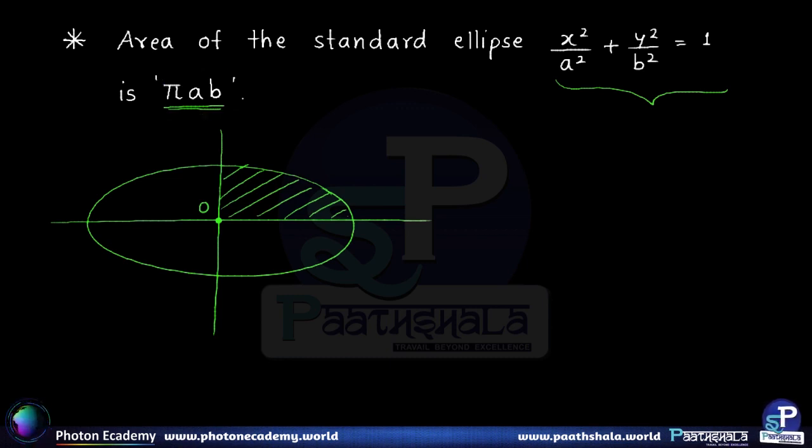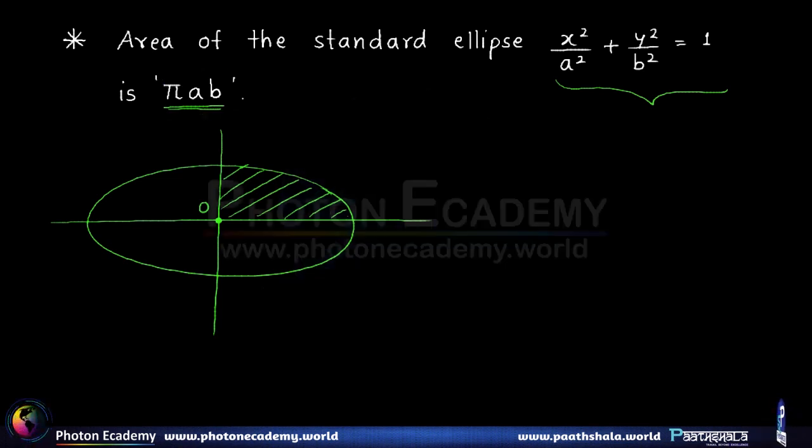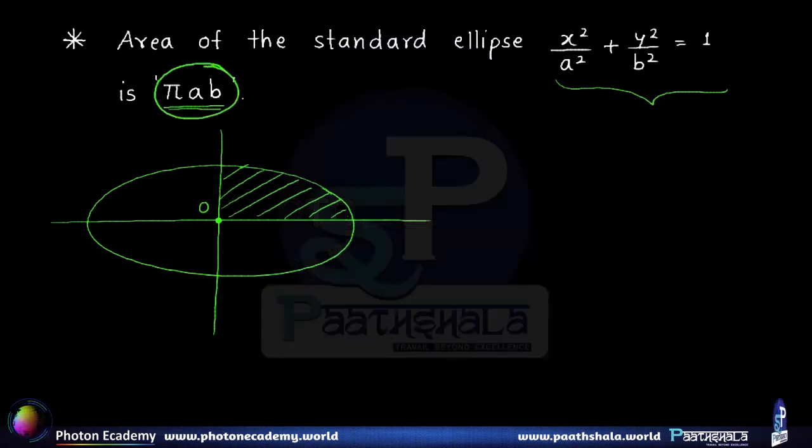The exact procedure of finding this area will come in the topic of definite integration, which you will be studying. There we use definite integrals to calculate the area under any curve. When we use that process to find the area of the ellipse, it turns out to be pi AB, where A is the semi-major axis and B is the semi-minor axis.